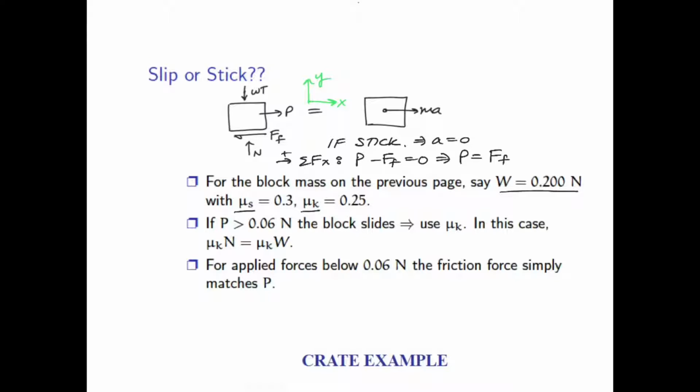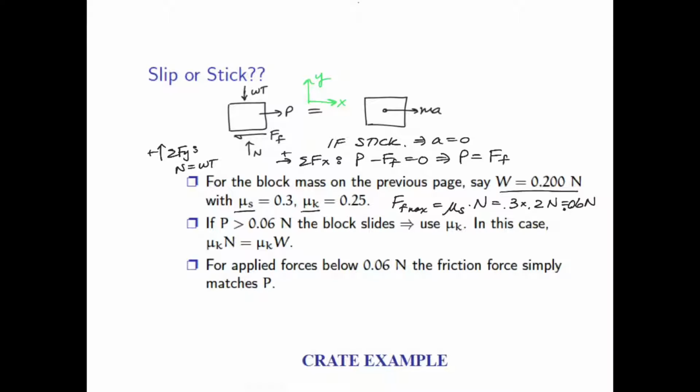So we know that if there is no applied force, the force of friction is 0. And that would go all the way up to a maximum value, which would be equal to mu static times the normal force. And again, we would solve for the normal force by summing forces in the y direction in our FBD-KD system, which would tell us that the normal force is equal to the weight. So this is just going to be 0.3 times 0.2 newtons, which is 0.06 newtons.